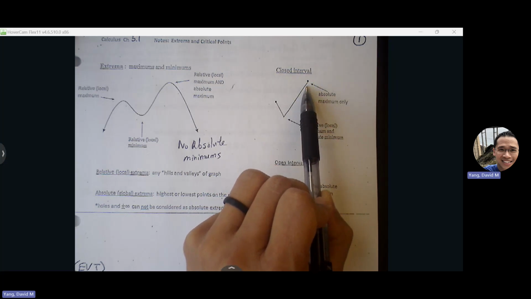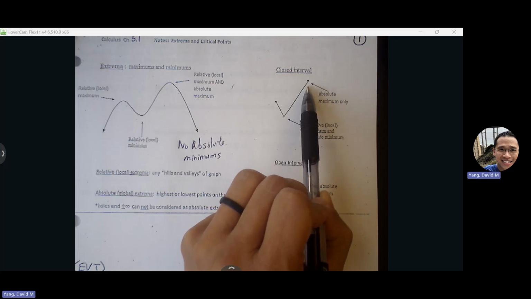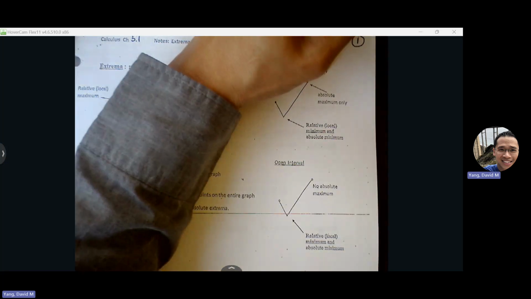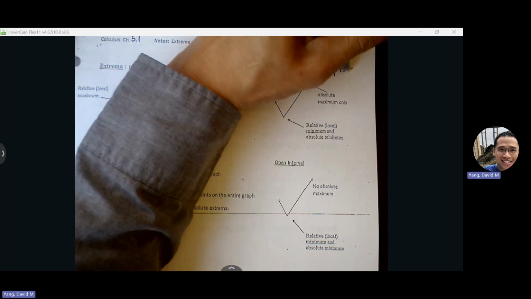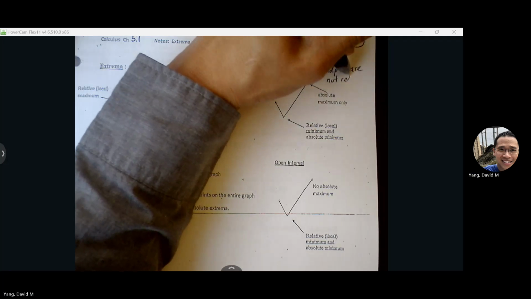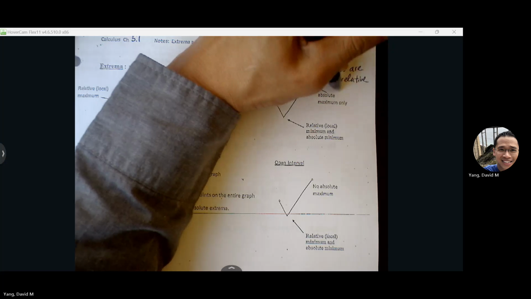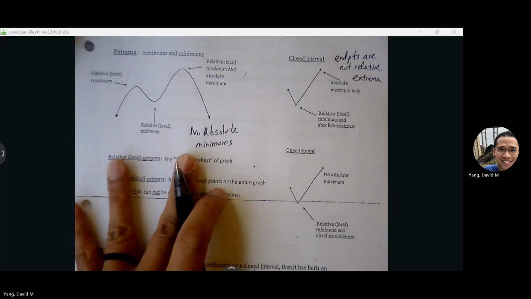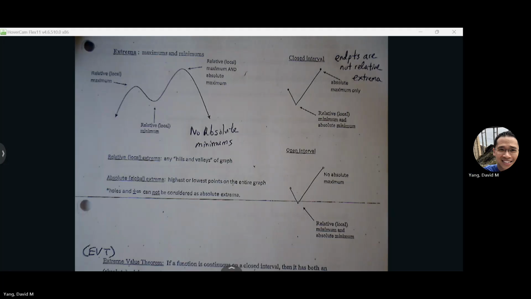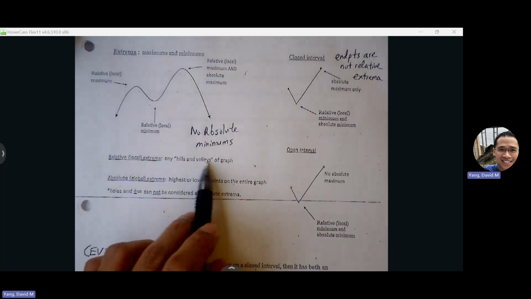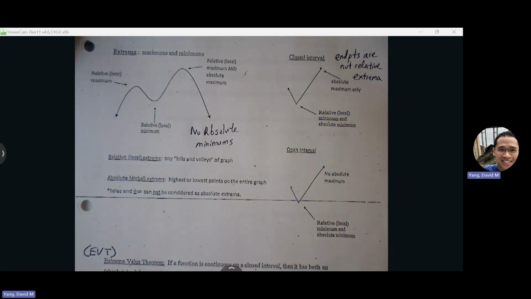A relative maximum would have to be something that is higher than points on either side. So it has to be a hill. So endpoints, at least for us, are not relative extrema. So again, relative max and relative min, think of it as hills and valleys of graphs.